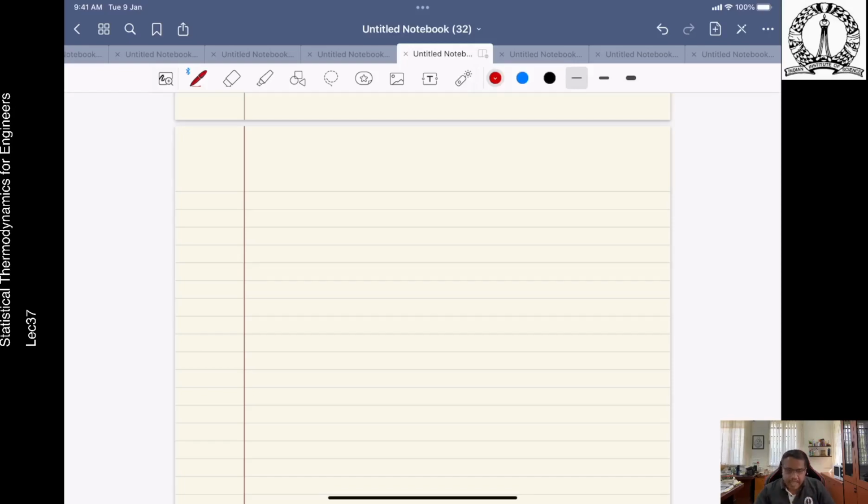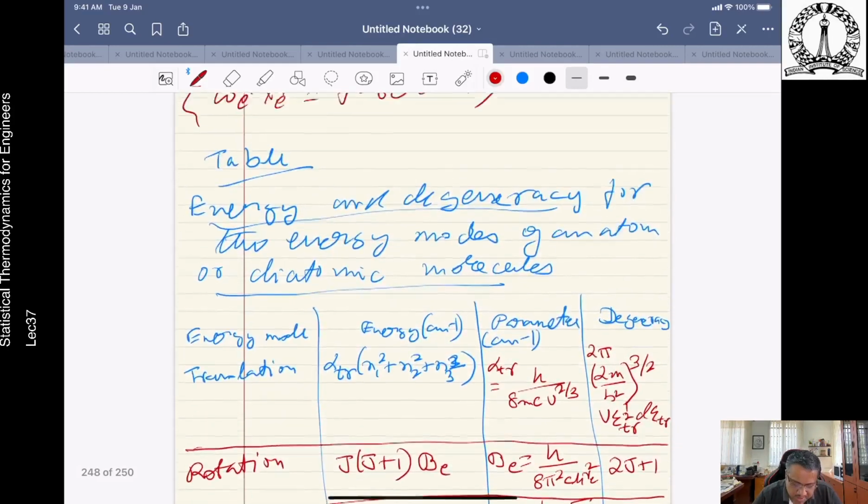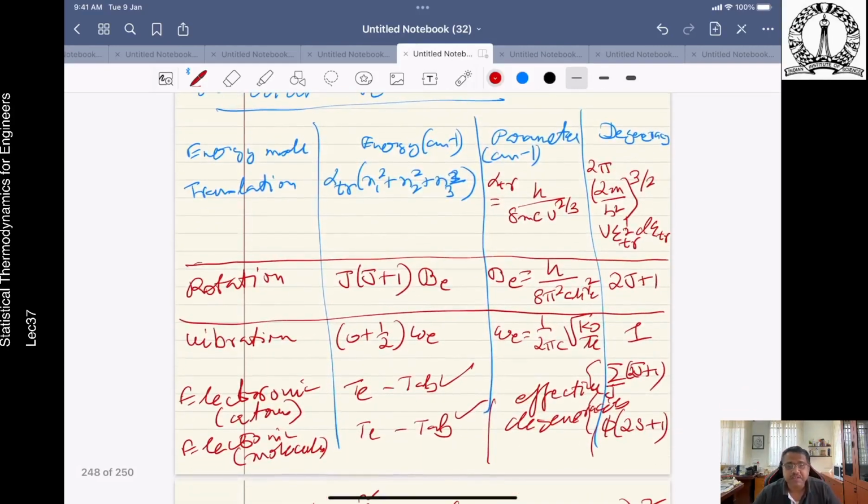In Table 8.1 from the book, which we just showed here, we showed that the translational energy can be converted to wave number units, thus defining a term called alpha TR. We also realized that translational energy is unique because it depends on the assembly volume.